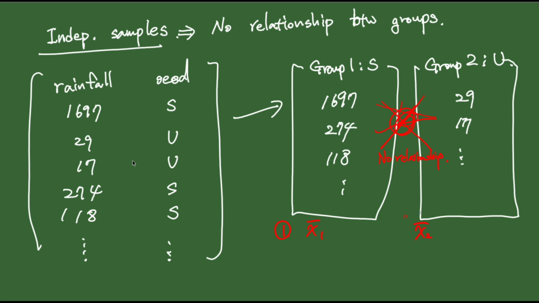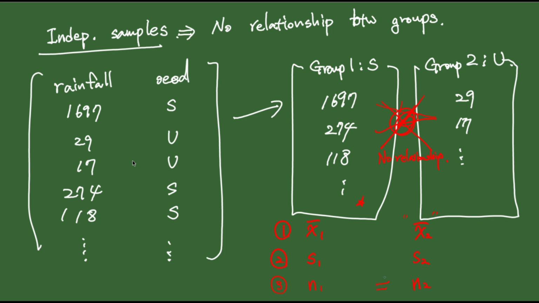We also have s1 and s2, the sample standard deviations for group 1 and group 2 respectively, and n1 and n2, the number of data points in each group.